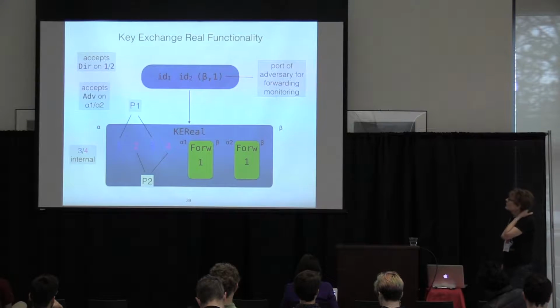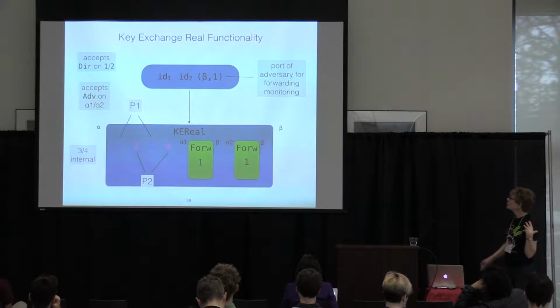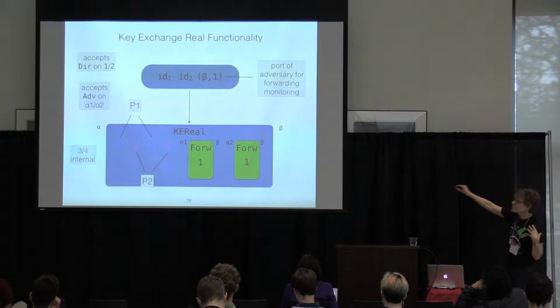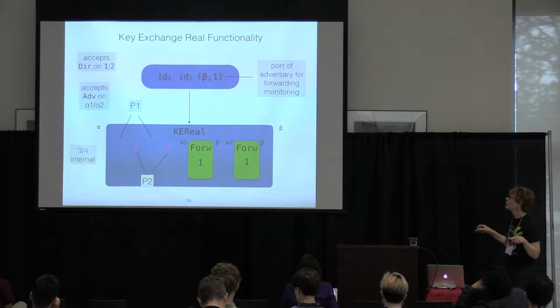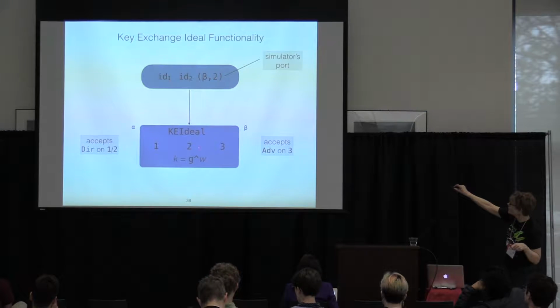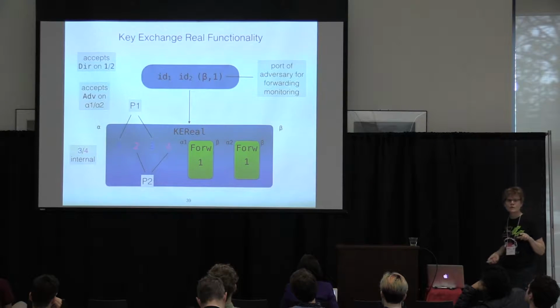The real functionality for key exchange is the same kind of interface as the ideal one, except inside it, it's got two protocol parties and two sub-functionalities for forwarding. So here, party 1 is managing the external port 1, party 2 the external port 2, just like we had 1 and 2 on the previous slide for the ideal functionality, but party 1 also has an internal port, 3, and party 2 has an internal port, which is 4.